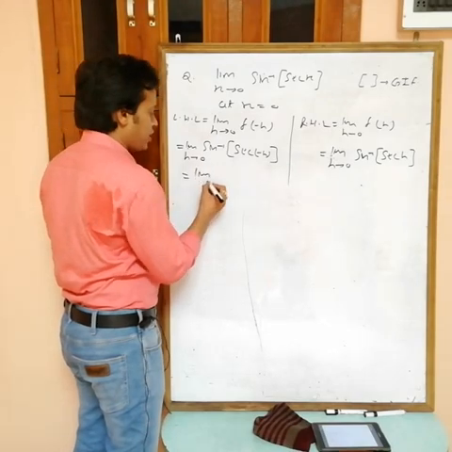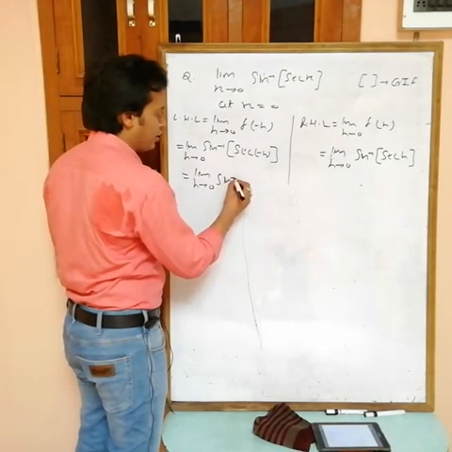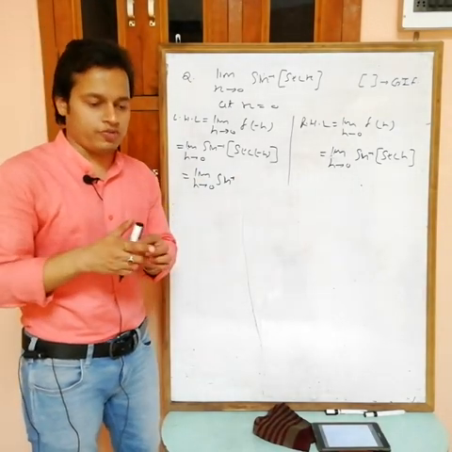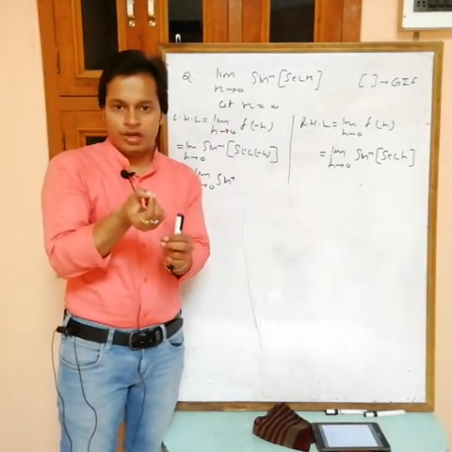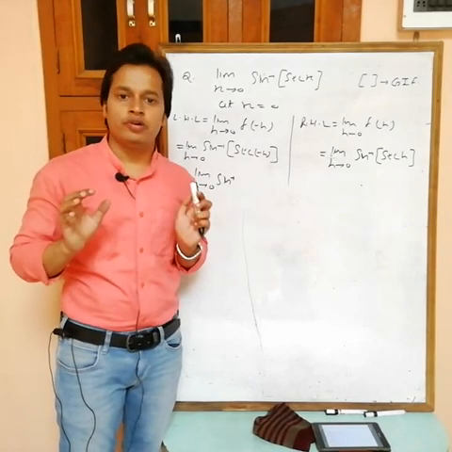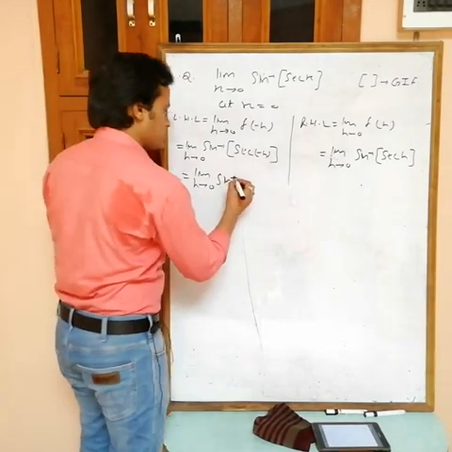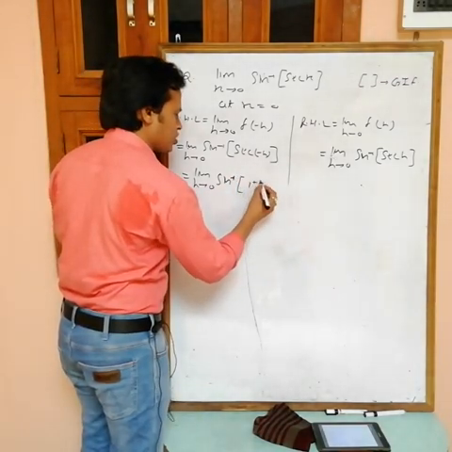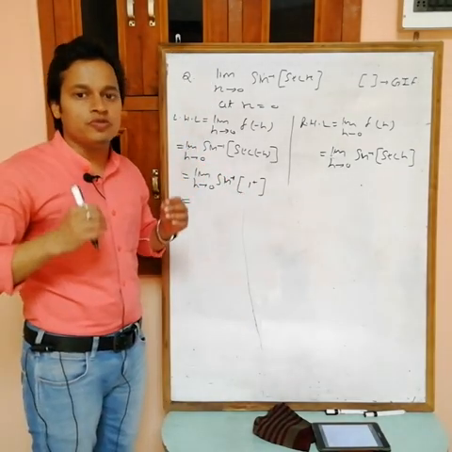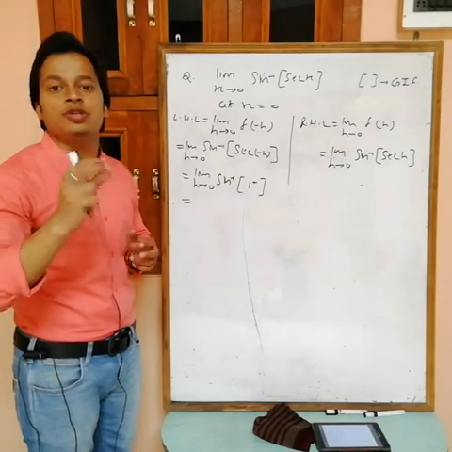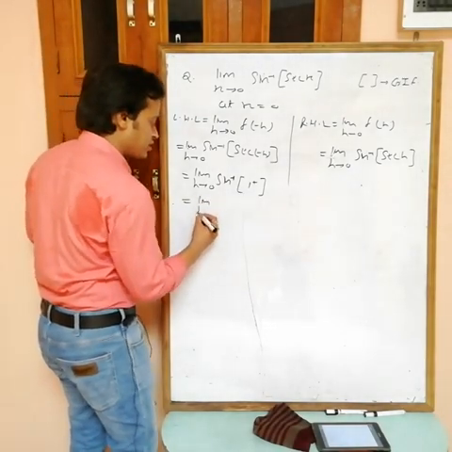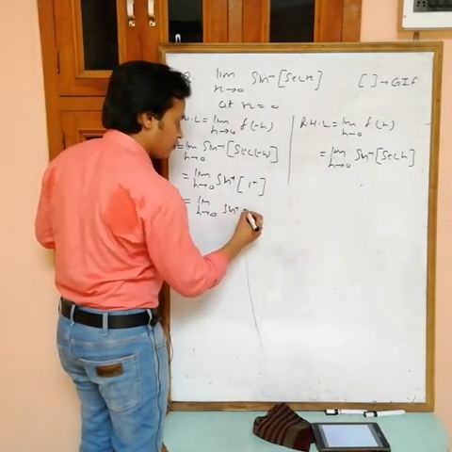The value of sec minus h is just greater than 1, because sec 0 is equal to 1. You know this type of graph: at 0 the value is 1, at 0 minus the value is 1 plus, and at 0 plus also the value is 1 plus. Now the greatest integer of something just greater than 1 is 1. Suppose it is 1.0001, then the greatest integer is 1. Then we get the limit h tending to 0 of sine inverse 1.